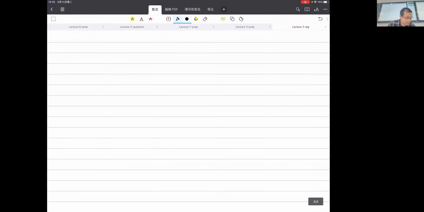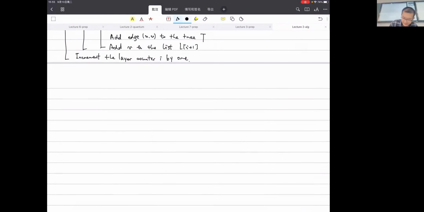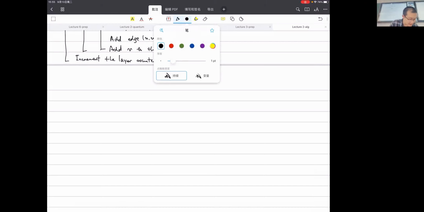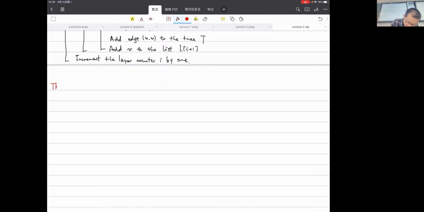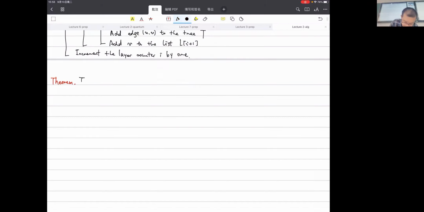Okay. So let's prove something, and give more analysis about the BFS algorithm here. A theorem that we can show is that the BFS algorithm runs in O(M plus N) time.